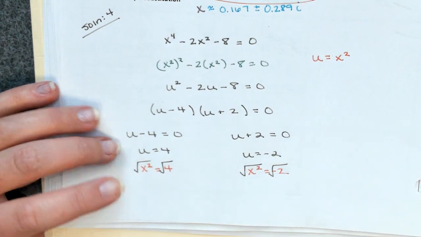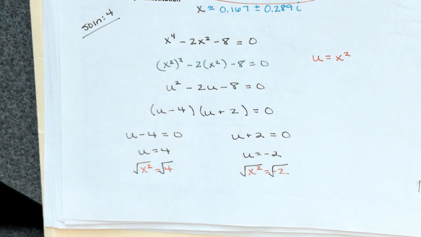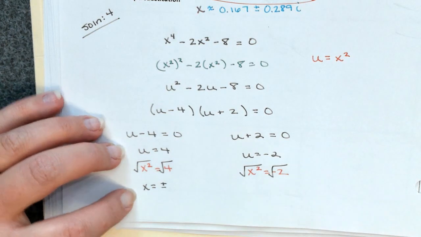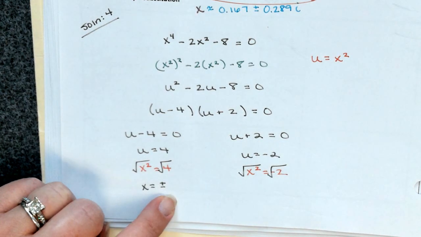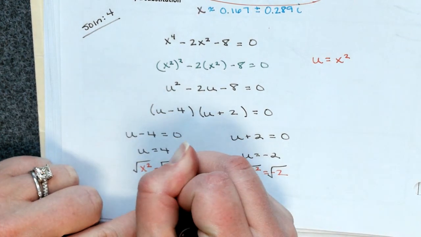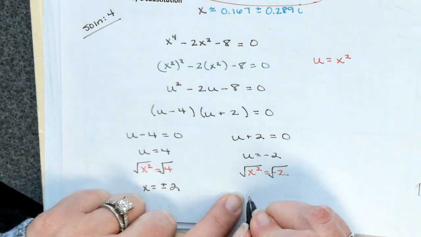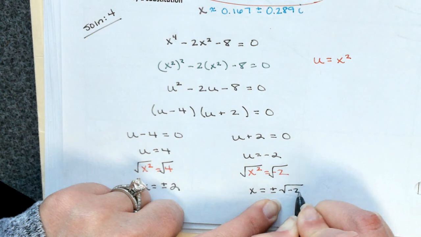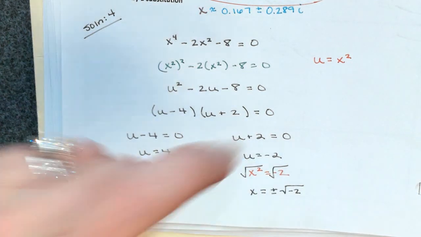Now this is the part that's often forgotten. When you square root in an equation, you have to remember that you have a positive and negative answer. The square root of 4 is positive or negative 2. The square root over here is x equals positive or negative square root of negative 2. You can't leave the negative in the radical. It comes out as i.